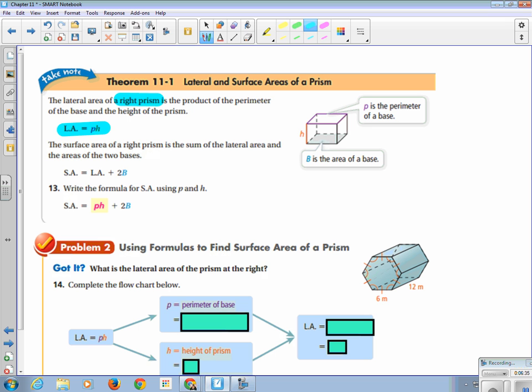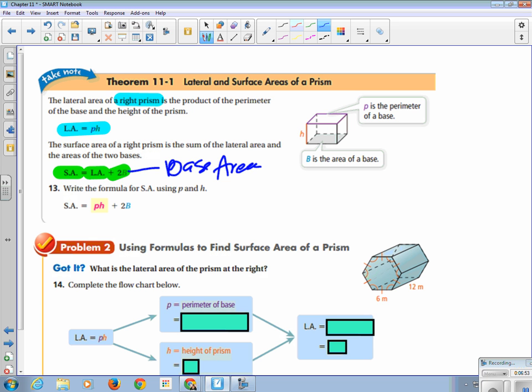And if you notice, that's different than the surface area, which is the lateral area plus 2 times the base area. So B stands for base area.